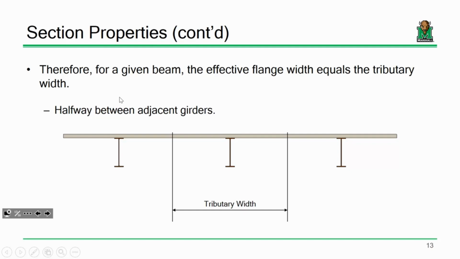There was a series of studies done, I want to say 2006, 2007, where they were trying to ask the question, can't we just use this and keep it simple? And the answer was, yeah, close enough for government work. So the tributary width and the effective flange width are the same thing in terms of the bridge spec.